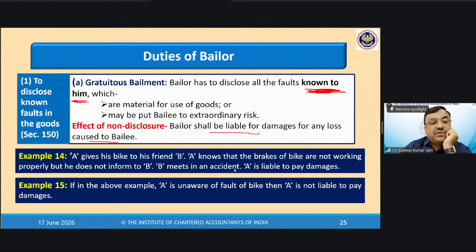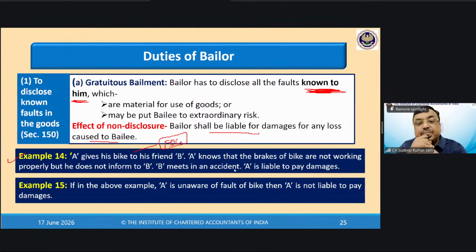See example number 14. A gives his bike to his friend B free of cost, gratuitous.